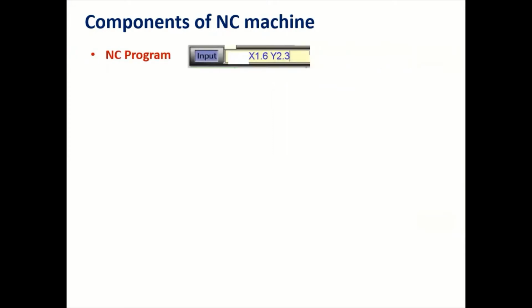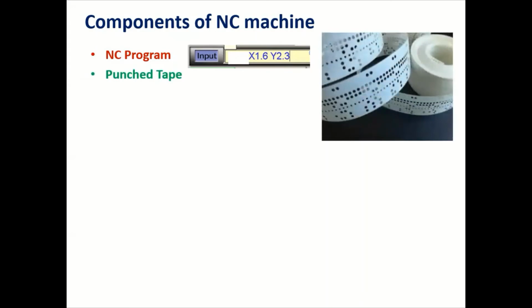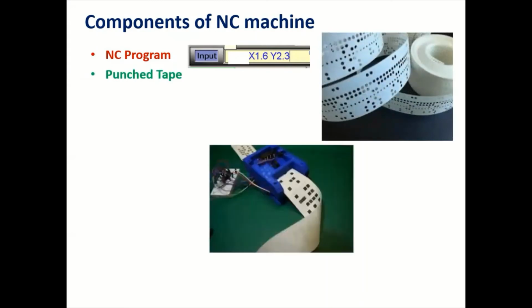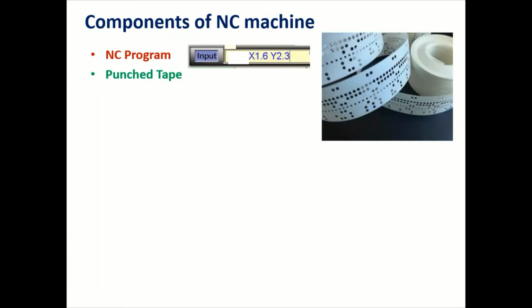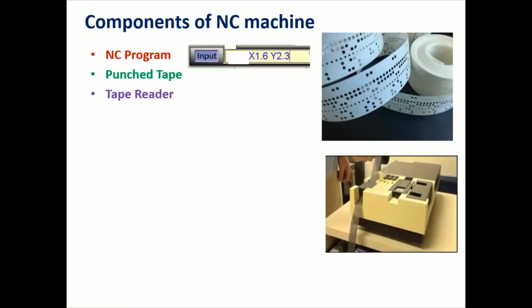First is the NC program, where we do the programming in alphanumerical form, means we can use letters or letters and numbers. Then the punch tape. Then the punch machine, because to punch the tape we need a punch machine. Then the tape reader, to read that tape.